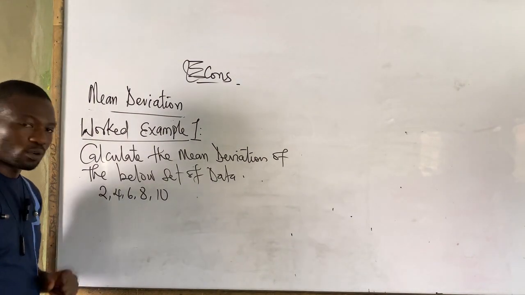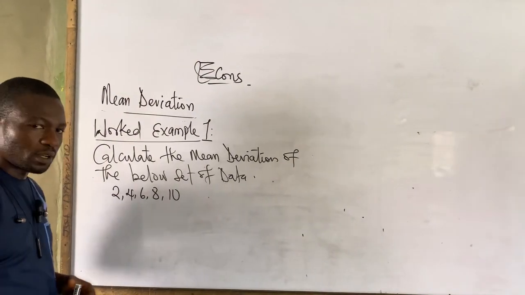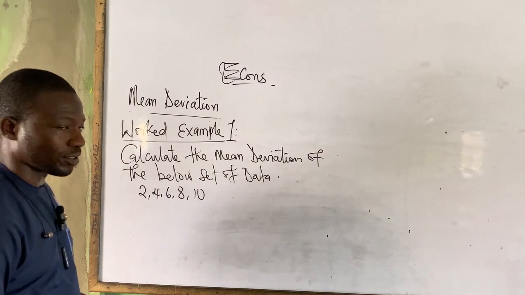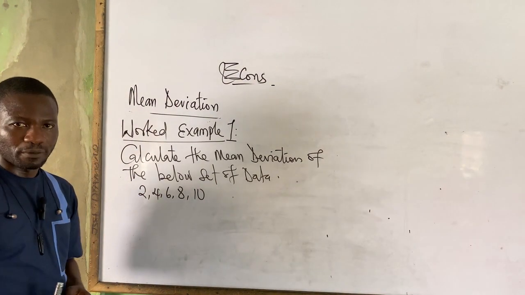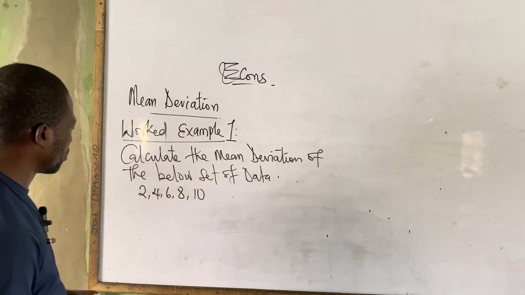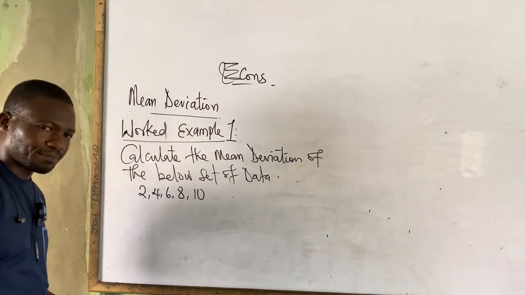Now, before you calculate this, the first thing you need to know is what formula will I use to calculate this type of mean deviation? For you to know the formula, you must study the question very well. Calculate the mean deviation of the below set of data, 2, 4, 6, 8, and 10.